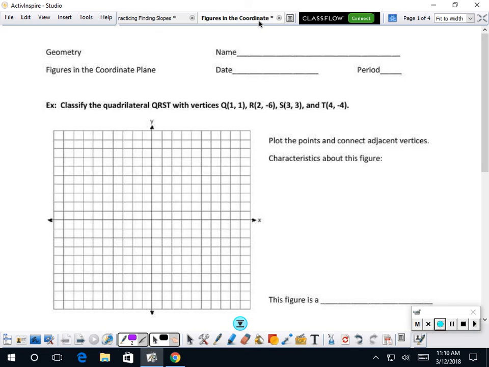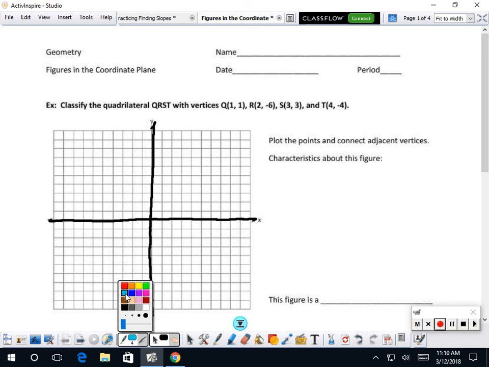Okay? And then what we're going to do is just plot these points on the graph. Okay? What I suggest doing is darkening up the XY axis so that you can see a little bit better exactly where our starting point is for each one. Okay, so I'm going to make those a little bit bolder here. Right, and then I'm just going to plot my points.